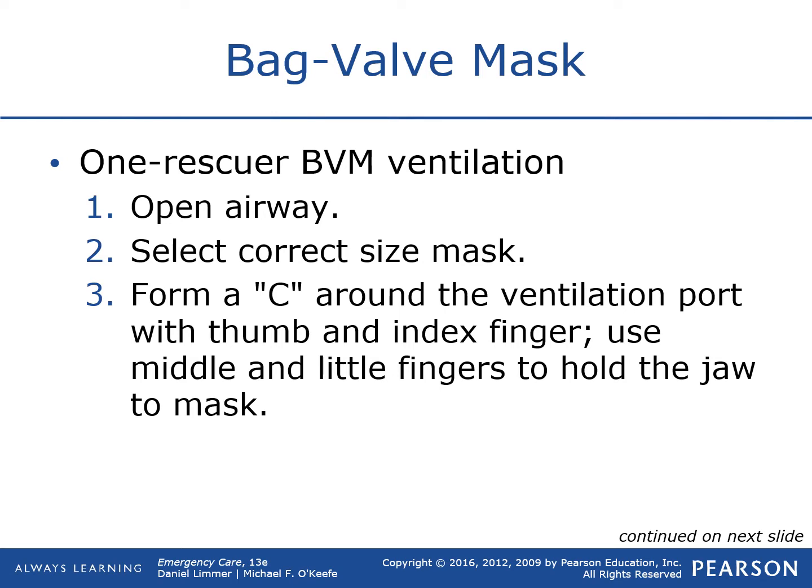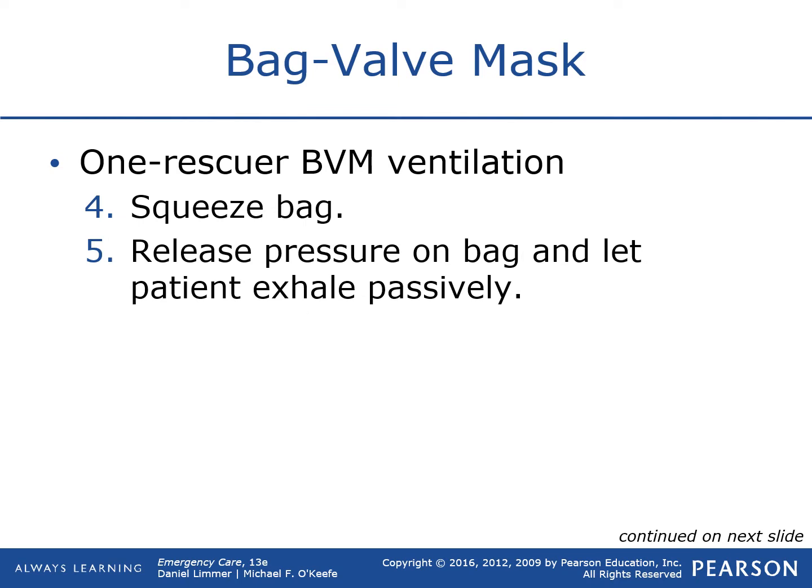So your index finger and thumb make a C, and then your middle finger, ring finger, and pinky finger make an E. The C goes around the mask, and the E goes around the jaw. So that's how you apply pressure to the mask and keep it tight to the jaw at the same time. And then the rest of the operation is the same. You squeeze the bag and you release the bag, and the patient should exhale passively.